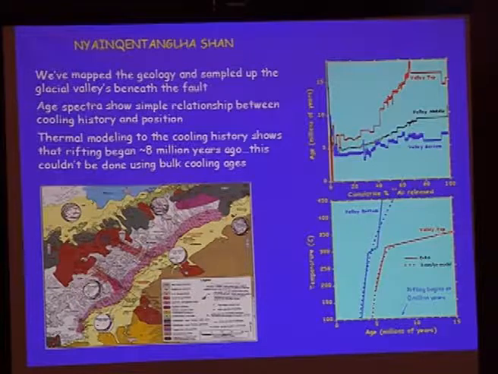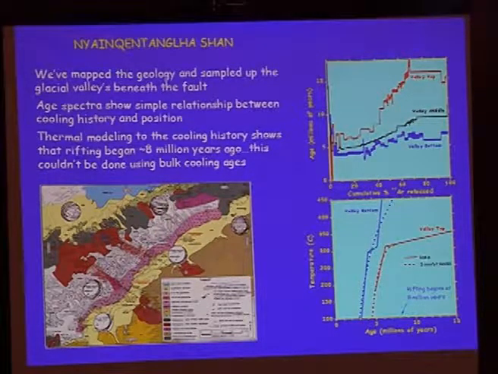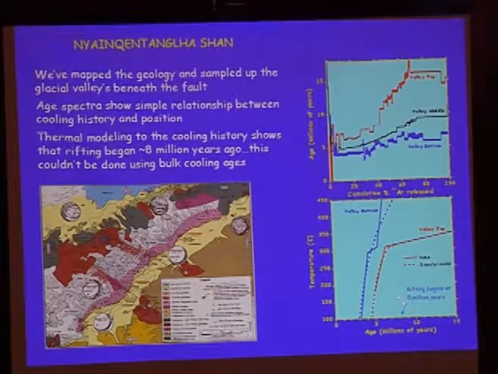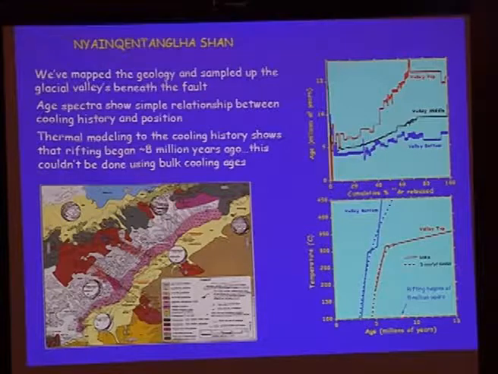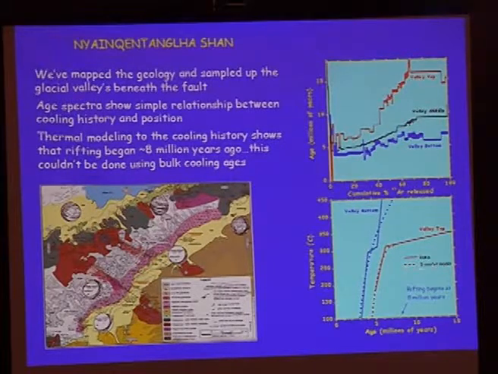Here's the thermal history that was recovered from the top. Here's the thermal history from the bottom. And here's the results from a numerical thermal model of movement on a 60-degree dipping normal fault in which rifting initiated 8 million years ago. And you can see the good agreement, relatively good agreement, with a slip rate of 3 millimeters per year.